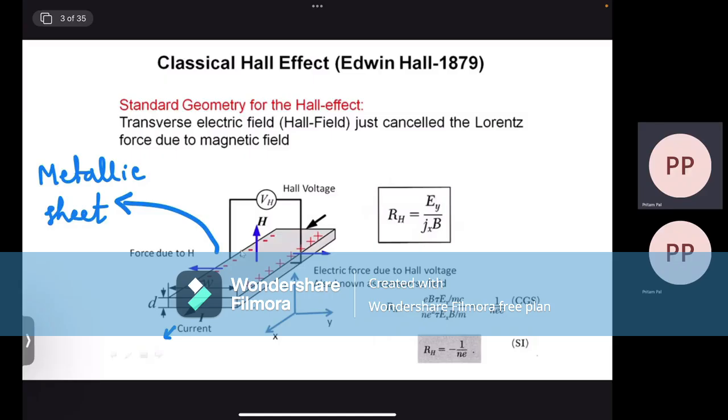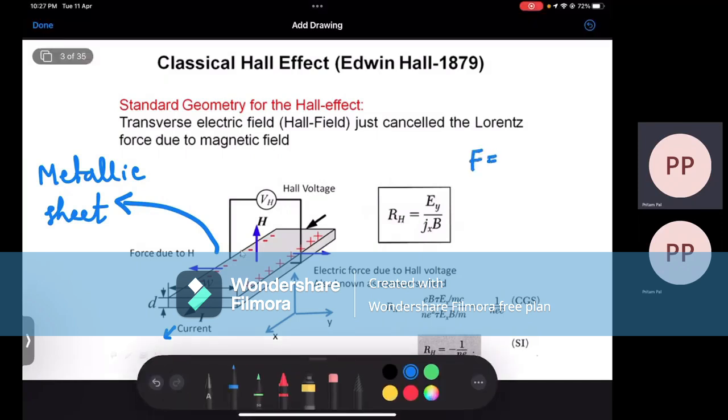In the presence of the magnetic field, there is a force, called the Lorentz force, on the moving charged particles. The Lorentz force is the charge times v cross B. The direction of the force depends on the cross product of the velocity and the applied magnetic field.